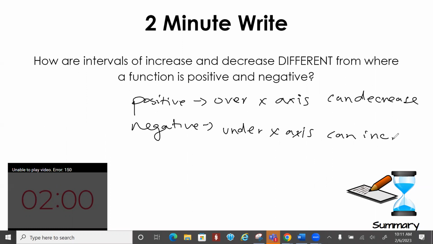Kind of summarizes the difference just a little bit. Go ahead, Louise. Gotta love my chicken scratch, right? Anything else you want to add to this? How are they different? Just because it's positive doesn't necessarily mean it's increasing. Okay, good.